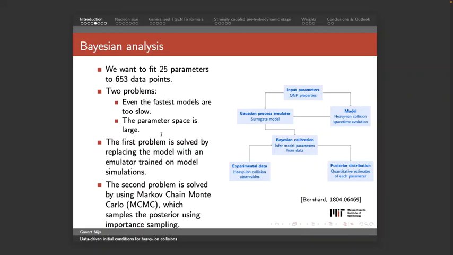So the first problem, that the model is too slow, you basically solve by introducing a Gaussian process emulator, which emulates your model. You basically replace your model, which evaluates say 20,000 events in a day, by something that evaluates within a millisecond, which is of course a lot faster.